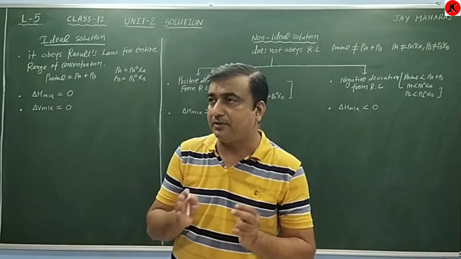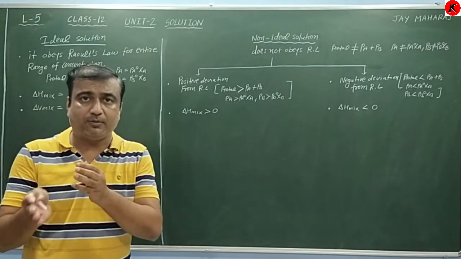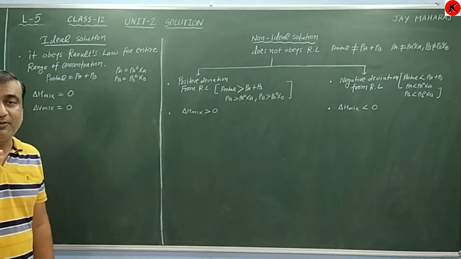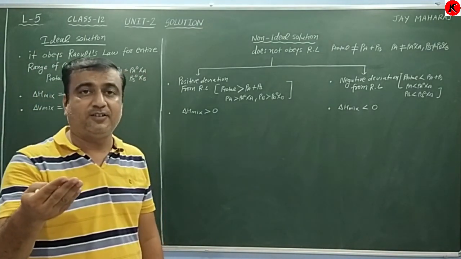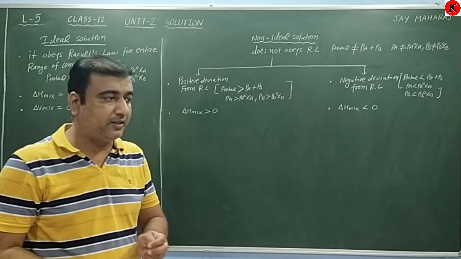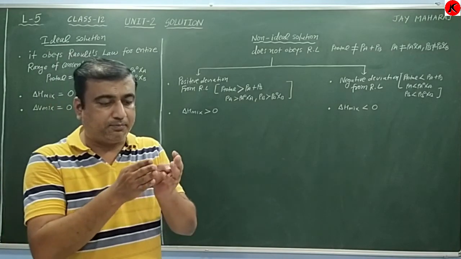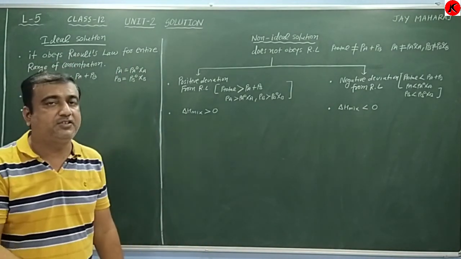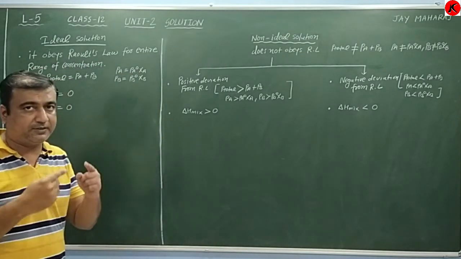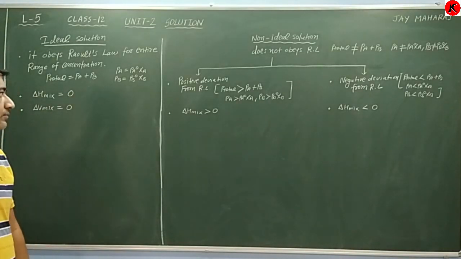Then the total volume of the solution must be equal to 110. Not greater than 110, not less than 110, exactly equal to 110. That means volume of solute plus volume of solvent is equal to volume of solution. In other words we can say delta V mixing equal to 0.